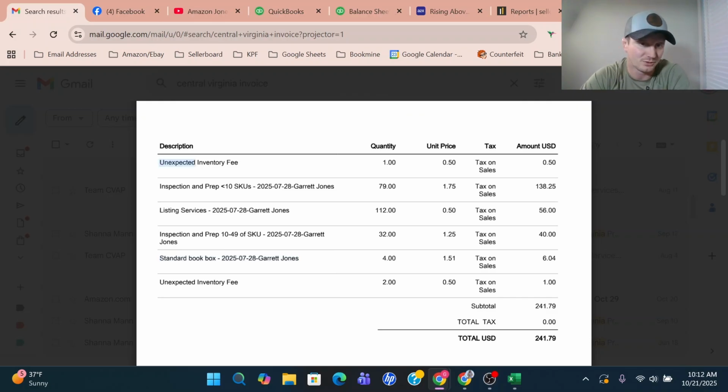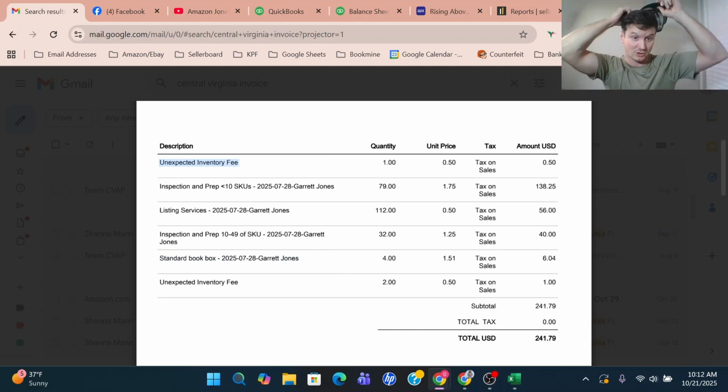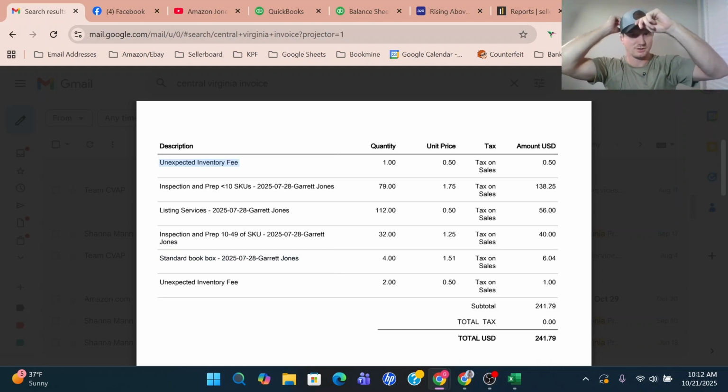They charge, at least Central Virginia Prep, an unexpected inventory fee. So if I don't tell them that something's coming and they just get it and they have to put it in for me onto the Excel spreadsheet or the Google sheet, then they're gonna charge me $1 per product. And it looks like I missed 3 products for this invoice.